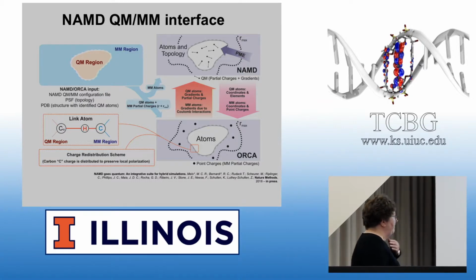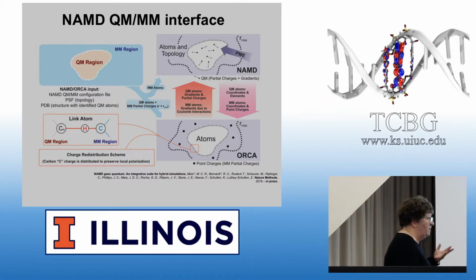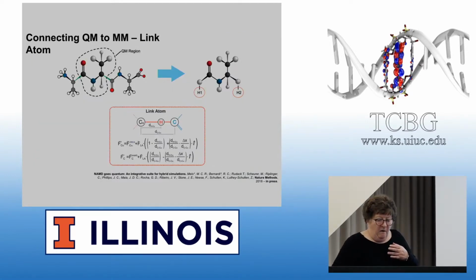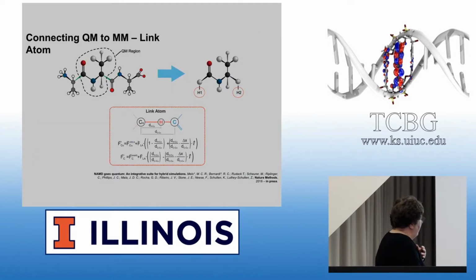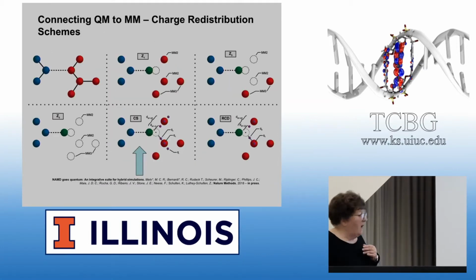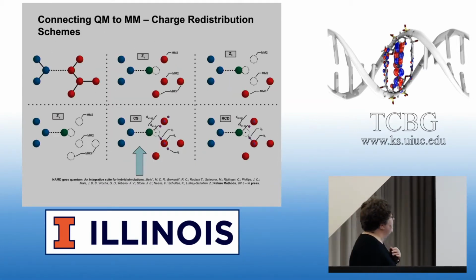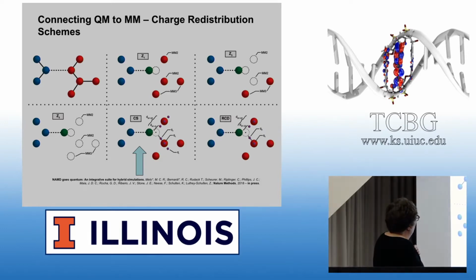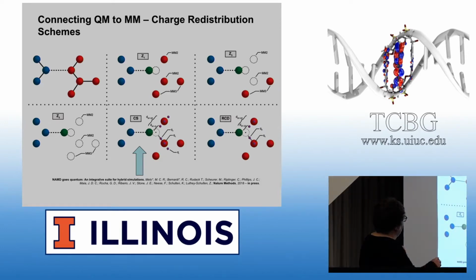He went over the various ways we have of communicating with them, redistributing the charges over here. I won't repeat this because, as I said, he did a very nice job of explaining this link atom notion and these ways to redistribute the charges over on the mechanical part.